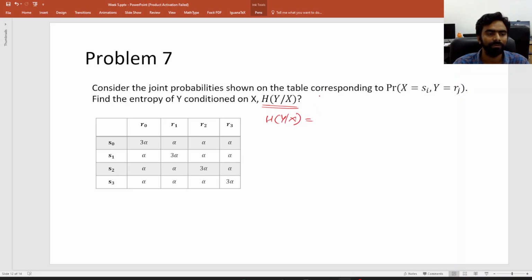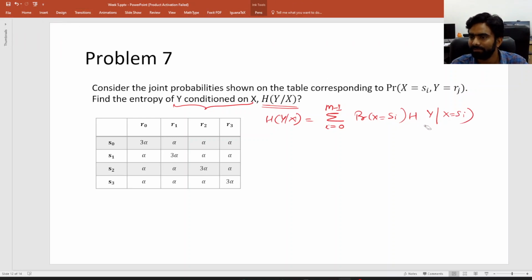That is nothing but the entropy of Y conditioned on X. It would be sigma i equal to 0 to m minus 1, probability X equal to s i, and H of Y conditioned on X equal to s i.